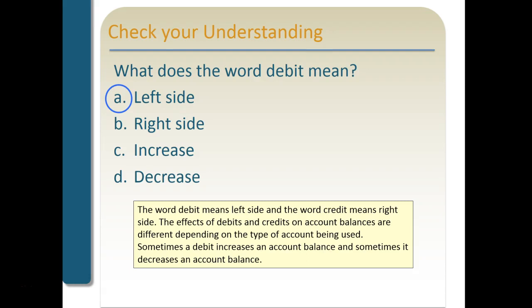Bottom line. How many of you have gone to your bank and put money into your account and the bank teller says we credited your account? How many have heard that before? So oftentimes you think credit means increase. They're right. When you put money into the bank, your money is a liability to them.